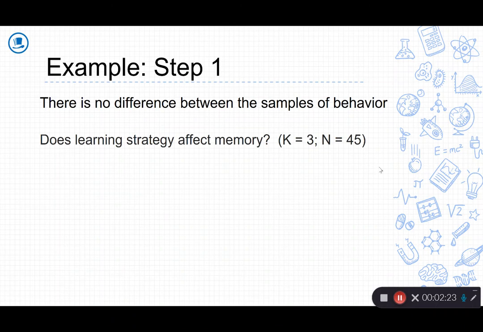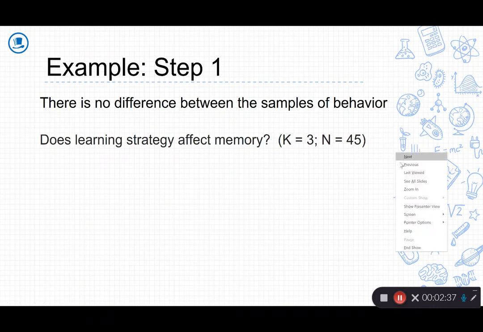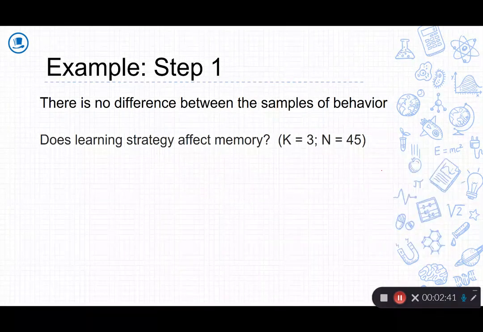In this case, we've got 3 memory strategies, and we're asking, does learning strategy affect memory? And just so you remember, K was 3. There were 3 strategies: rote rehearsal, imagery rehearsal, and sentence creation. And there were 45 people in that entire experiment spread among those 3 groups. So according to the null hypothesis, there's no difference between the 3 memory strategies.